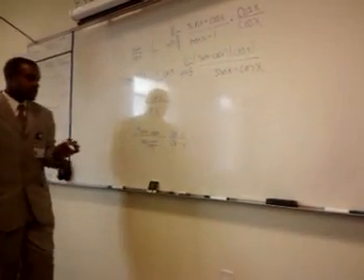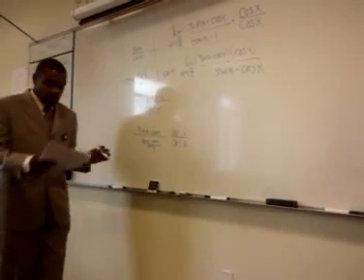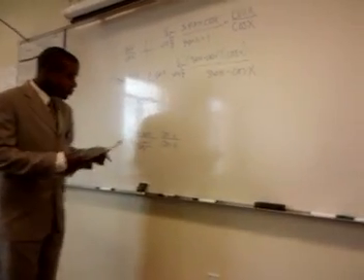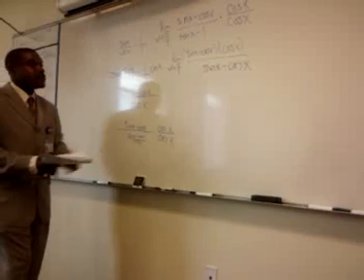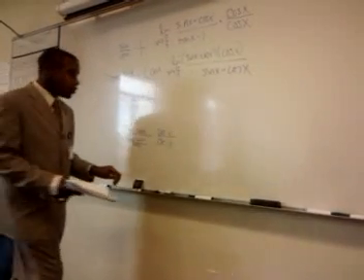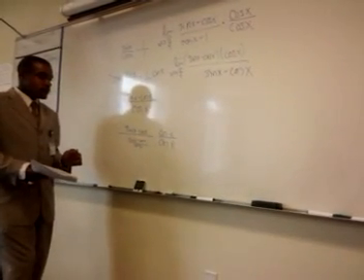Or if you don't want to multiply by cosine x, you cancel out the cosine x at the bottom, so you get sin x minus cosine x at the bottom.